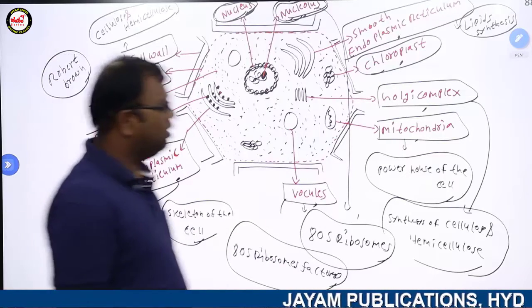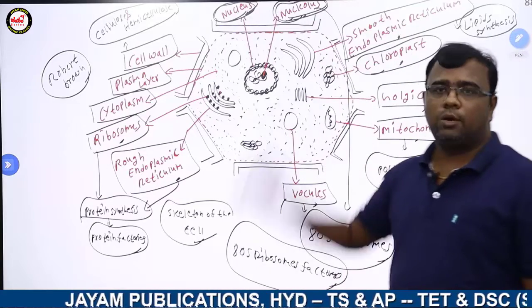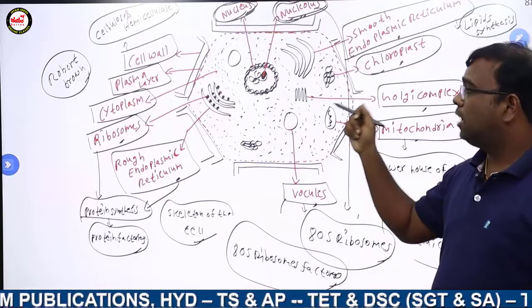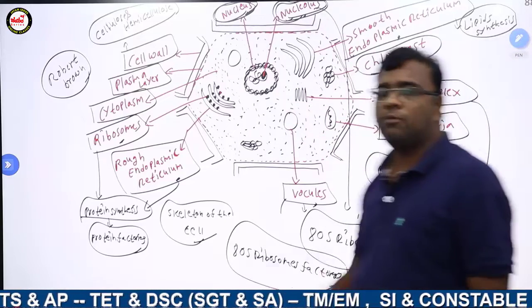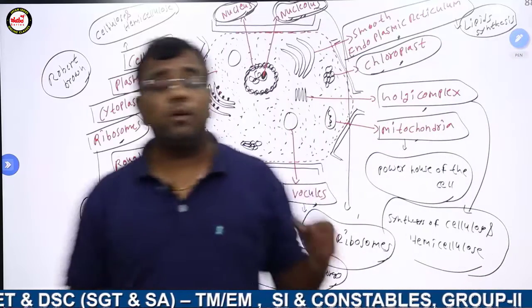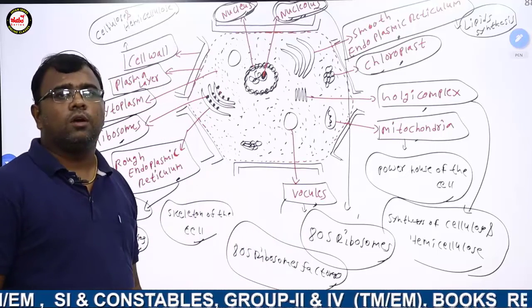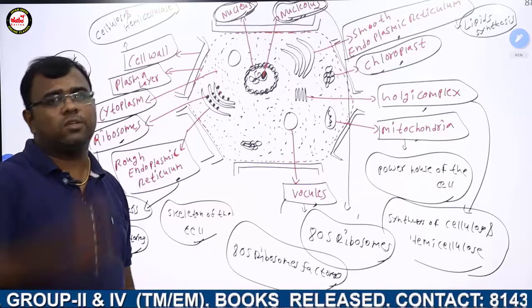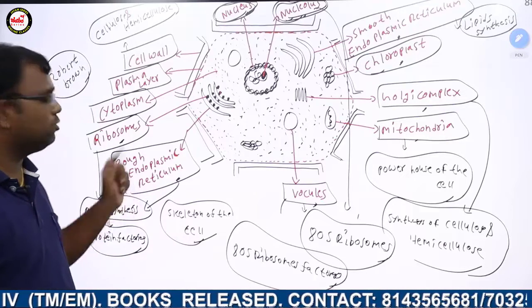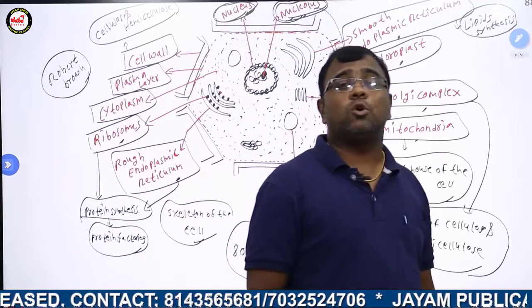It's a very important topic of cell biology. Questions of this type have already been asked in previous examinations. Which cell part is the protein factory? The answer is ribosomes. Which is the storehouse of the cell?